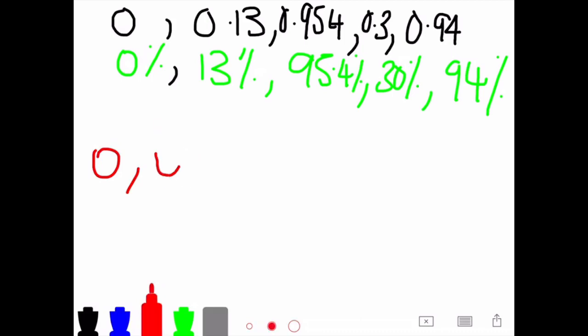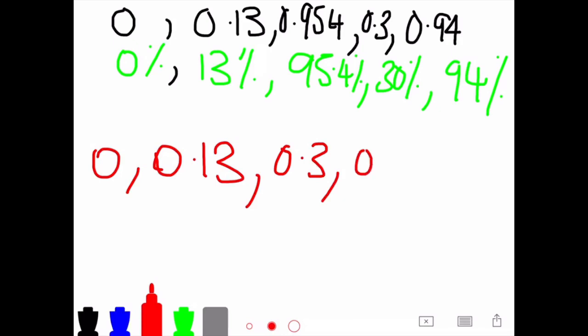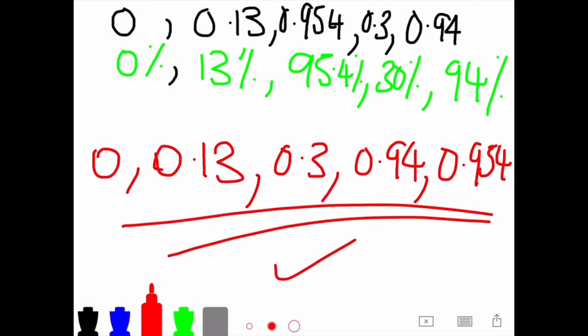Next will be 0.13, because 13% comes after that. And then next will be 30%, which will be 0.3. And then next will be 0.4, 0.94. And the last one will be 0.954.